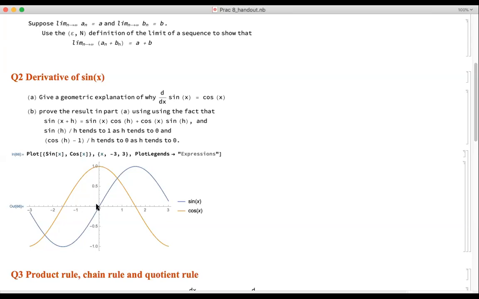So in general, to compute derivatives, you would have a tangent line at that point. The derivative is the slope of the tangent line, and the slope of the tangent line is 1 at 0.